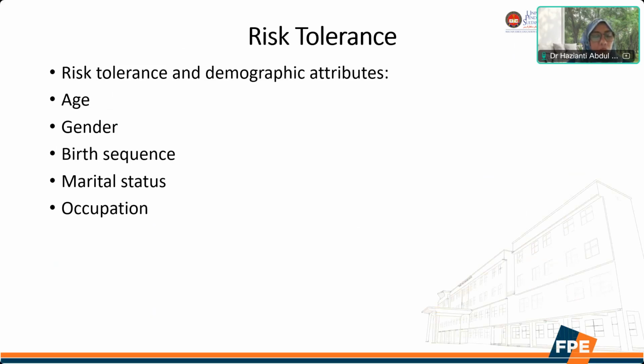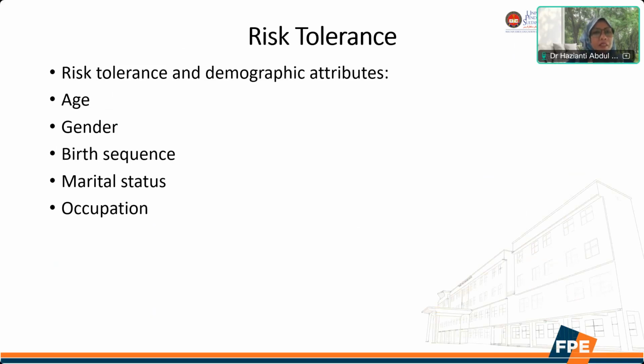The birth sequence, also quoting Asian families, might be different from Western culture, so you cannot apply this to Western culture. This is generally in our Asian culture. For the firstborn child, the eldest child, not necessarily boy or girl, as long as you are the eldest child, normally the eldest child in an Asian family tends to be more risk averse.